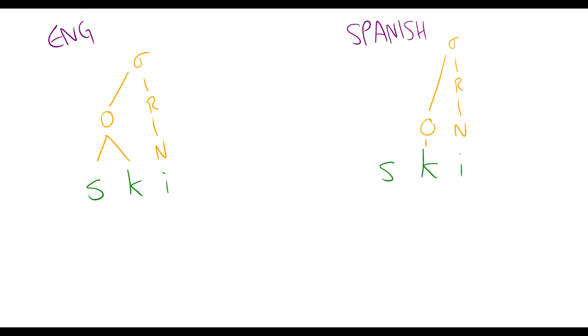So instead what they do is they add this eh here. So now we have two syllables. So we have this new syllable here, which takes the eh, and then this s fills up the coda position. So instead of ski, we have esquí. And that's because in Spanish, they don't like this sk consonant cluster in the onset. So when it's not in the onset, it has to be pushed back to the coda of another syllable.